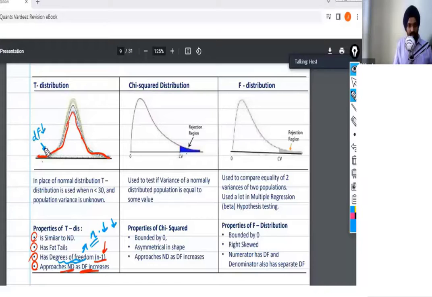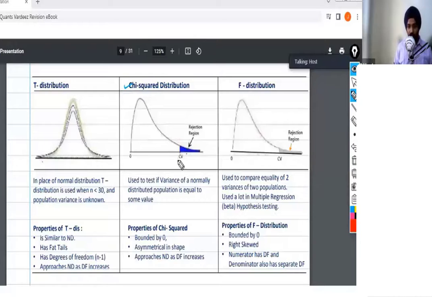But as the degrees of freedom goes up, it's going to look pretty much like a normal distribution. Okay, so that is something that you need to know, what degrees of freedom is. And as the number increases, it's going to look pretty much like a normal distribution. What about a chi-squared distribution?